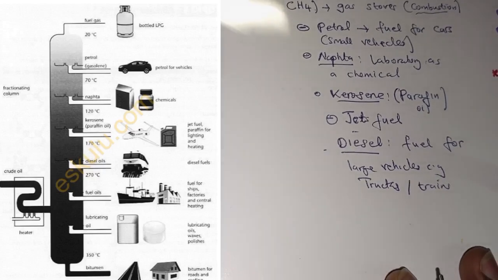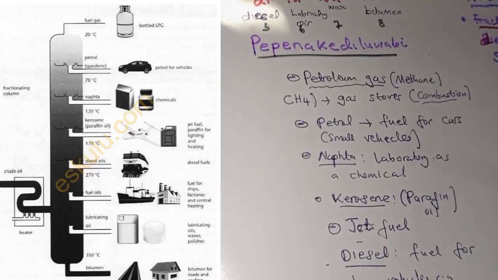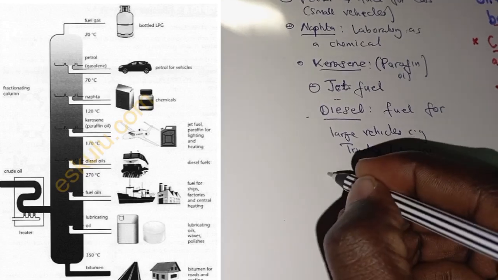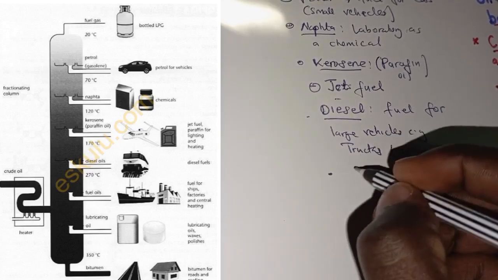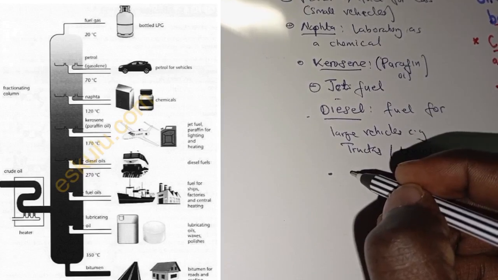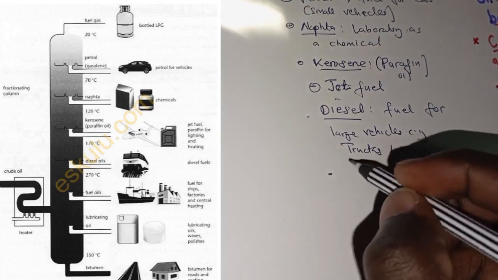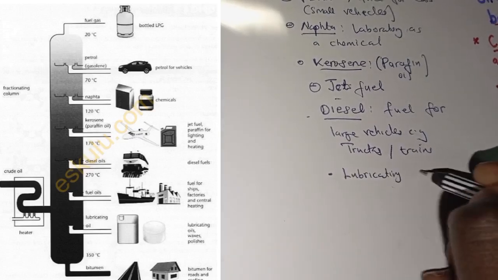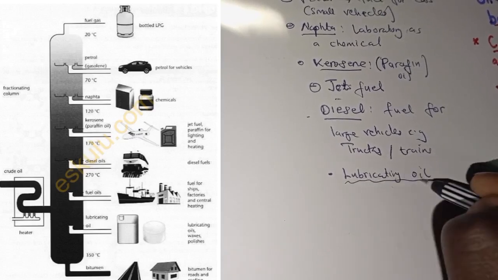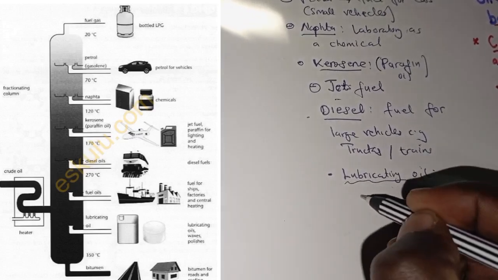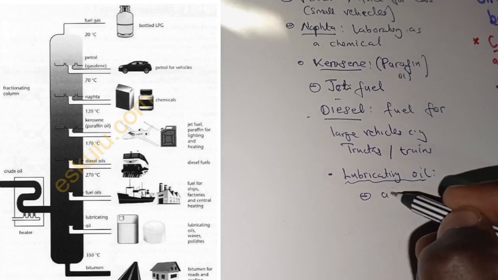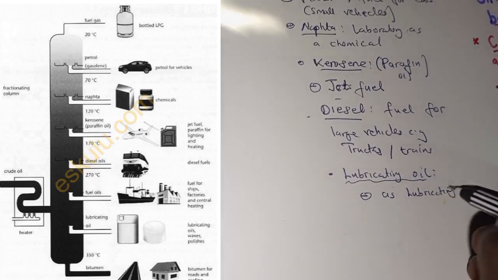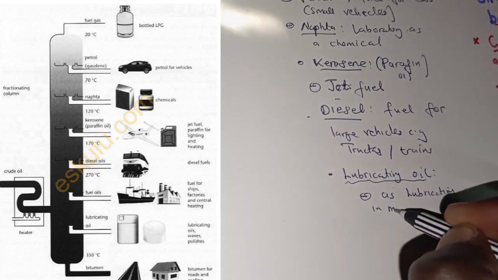And then looking at our mnemonic there, what comes next? We'll go with our mnemonic. The fuel oil there is what is used for ships. And let's go to lubricating oil. This one is used as a lubricant in machines.